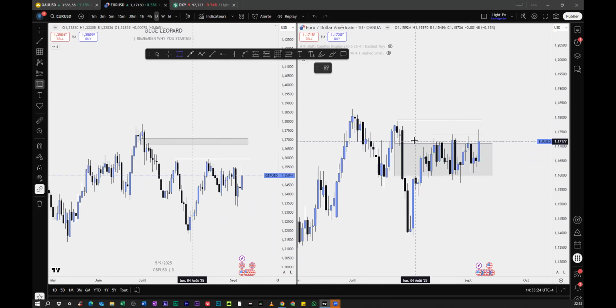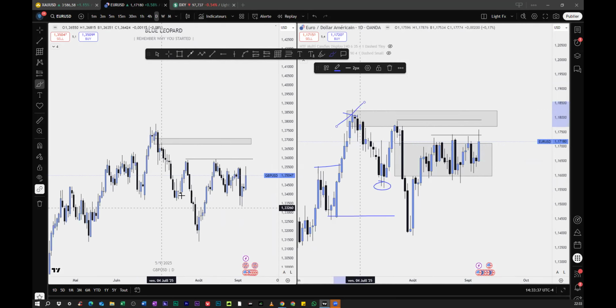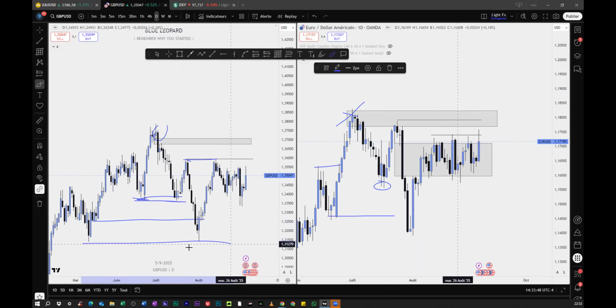Because this point respected this supply zone that was a weaker one. Why is it weak? Because it did not break any structure here. This one is weak, it's going to be taken out later. See this one, weak, couldn't break structure here, so it gave us liquidity here, swept on this side, and left us this double bottom.